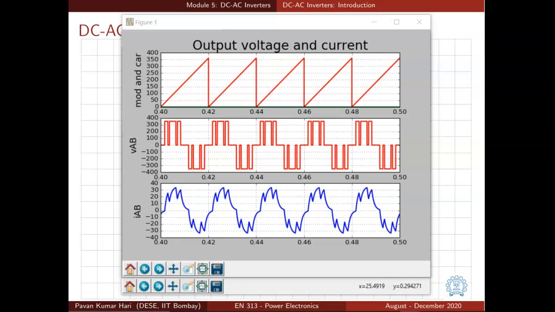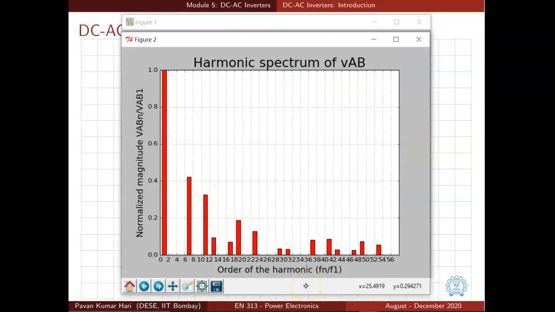So with that, voltage VAB looks like this, and then IAB looks a little better than what we have seen previously. Now how does the harmonic spectrum of VAB look? It will look like this.